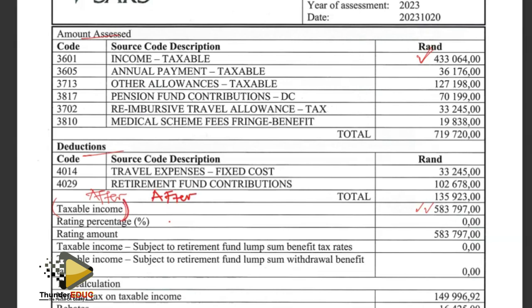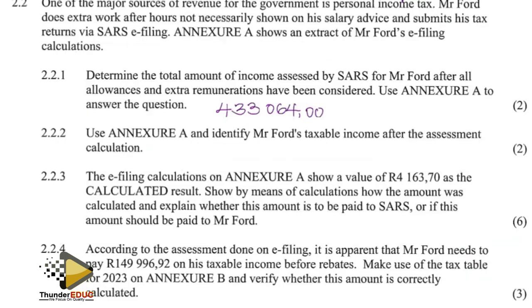So the taxable income here is going to be this much money, 585,797 rands. We shall say it's 583,700.